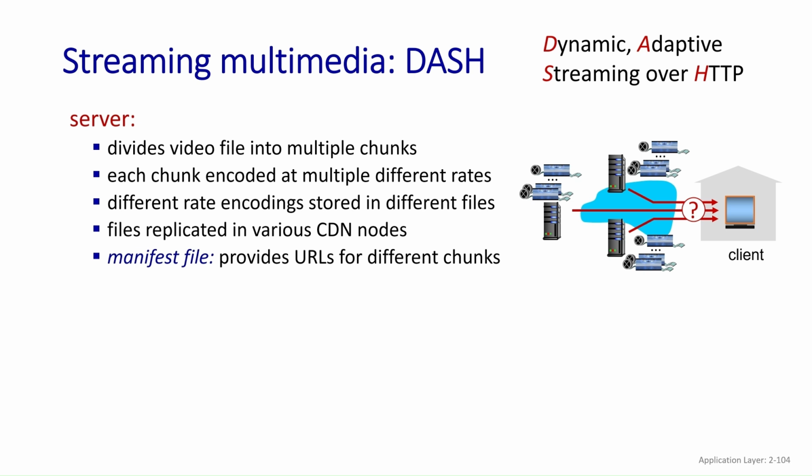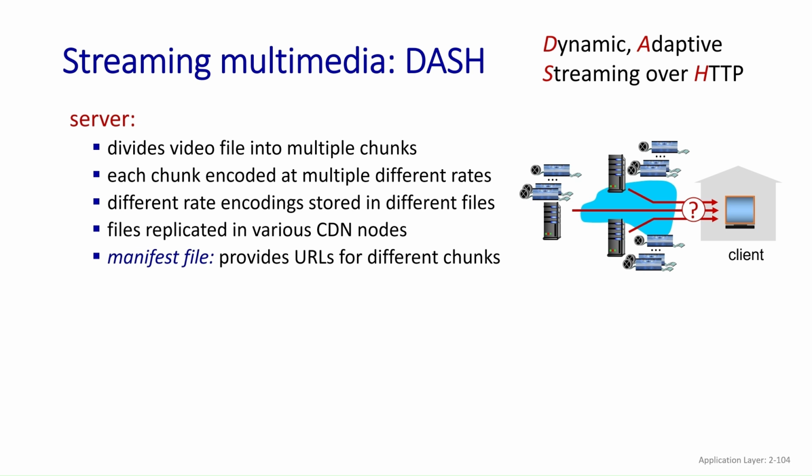For example, in Netflix, we have chunks of 4 to 6 seconds. So point number one is that the file is divided into multiple chunks.